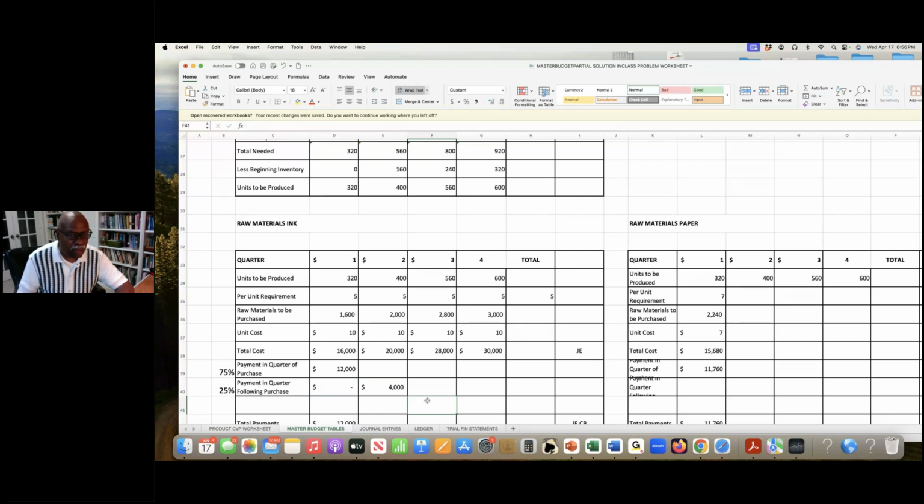In the second quarter, we're paying 75% of 15,000. We're then paying the other 5,000 the next quarter.